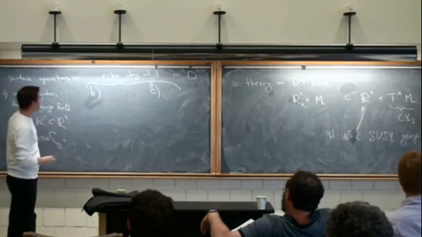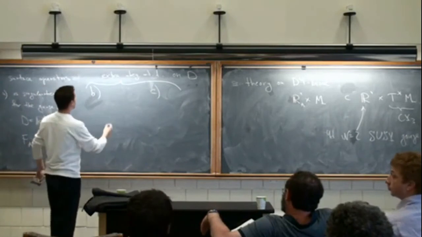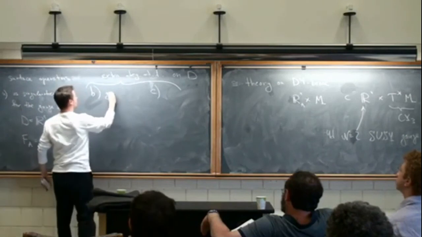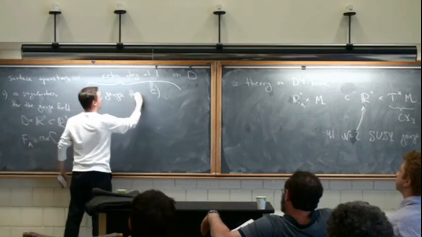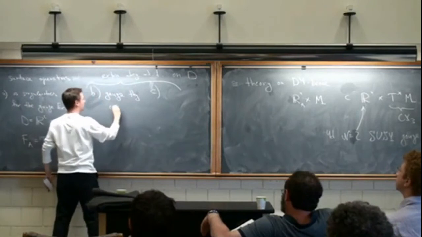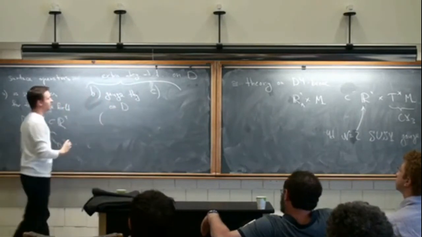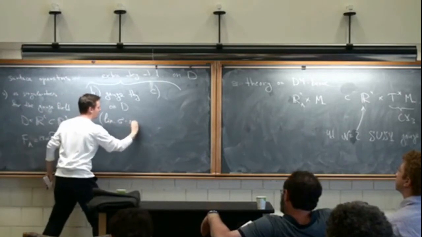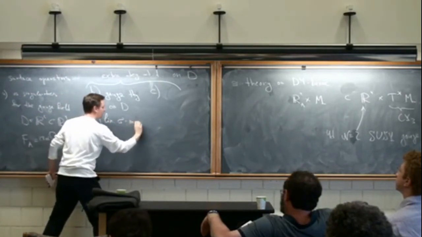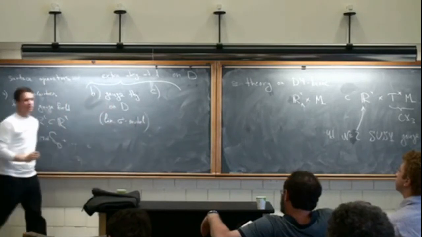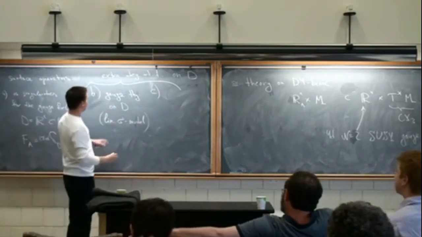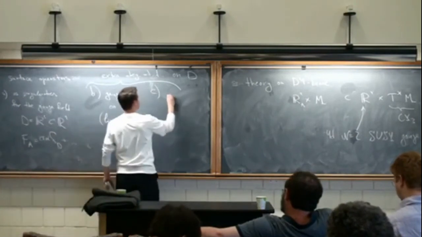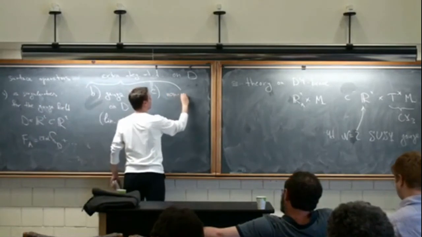So one way to do it is to introduce its own two-dimensional gauge theory on D. And this is going to be roughly what I call the linear sigma model language for engineering such surface operators. And there is another picture which is also useful, which is based on the nonlinear sigma model.